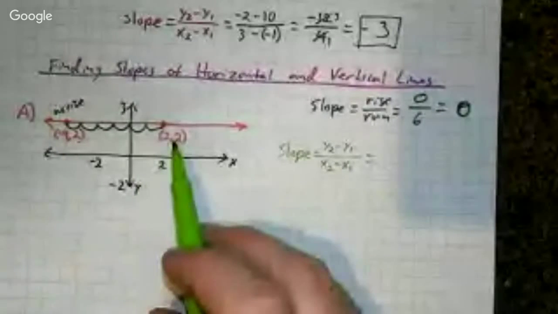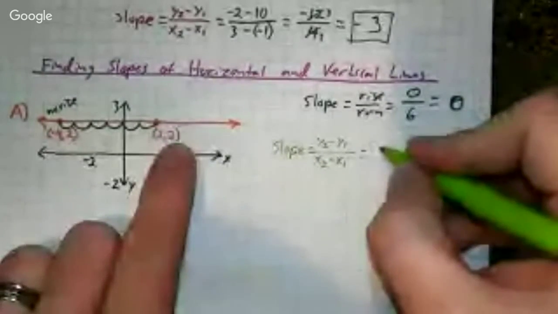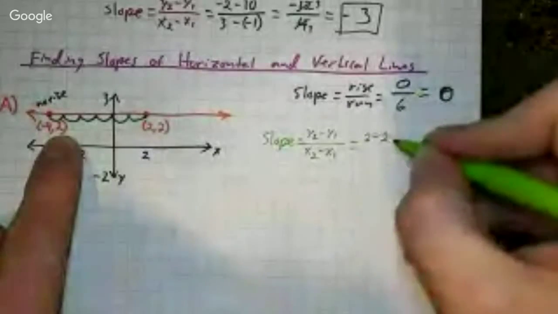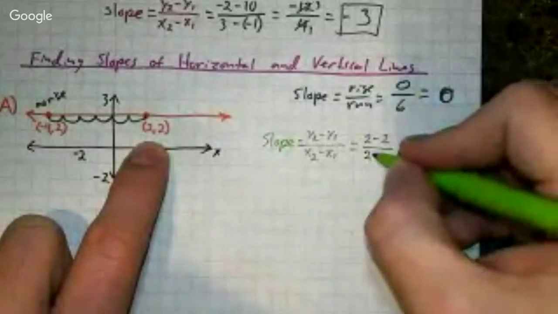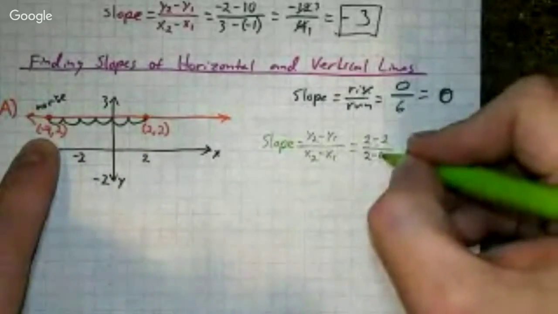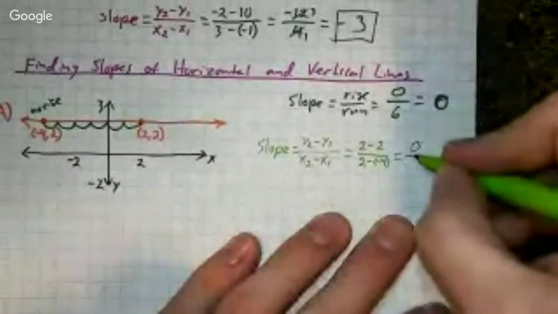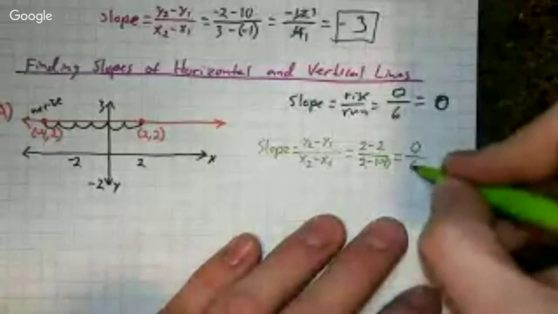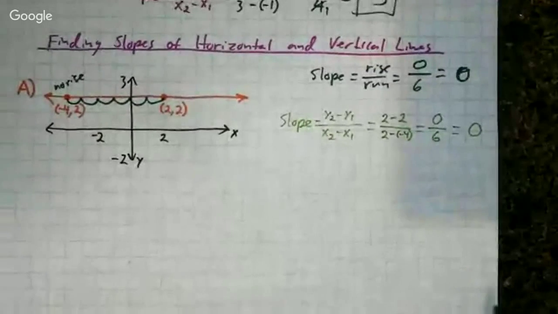So my y2 is going to be 2 minus y1, which is 2, over x2, which is 2, minus x1, which is negative 4. And that's going to give me 0 over 2 minus negative 4, which is actually plus 4. 0 over 6 equals 0. So either way, that'll work.